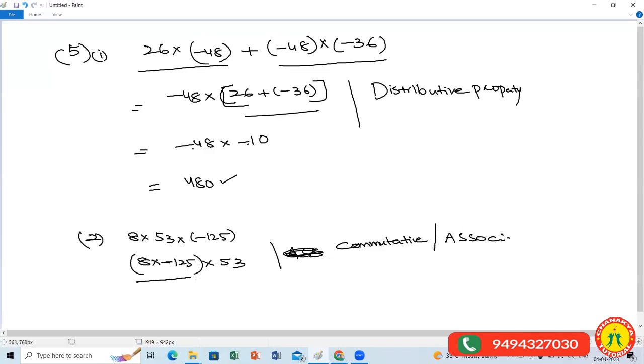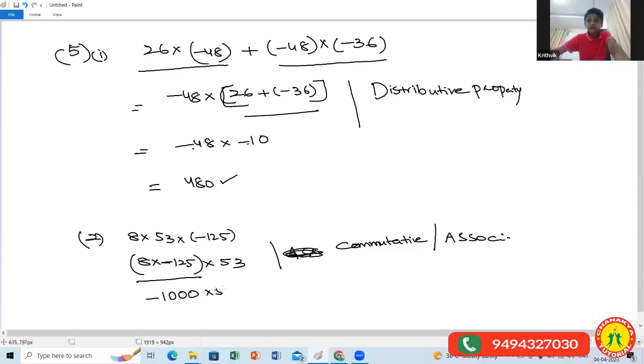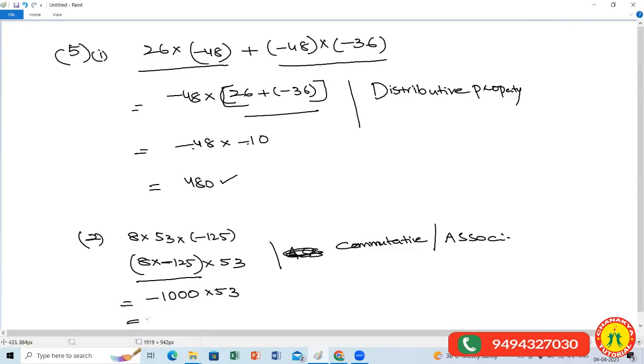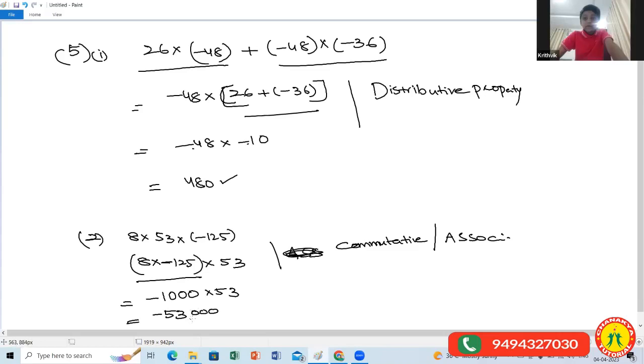Now 8 and minus 125 is nothing but what value? Minus 1000 into 53. Now what is the answer when multiplying 1000 with 53? Minus 53,000. Very good. That's all, children.